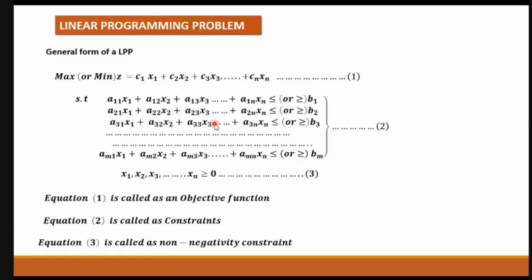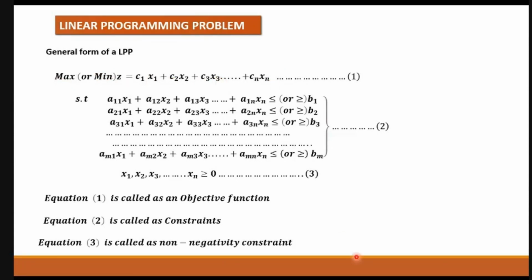If it satisfies only this equation, it is said to be a solution. But along with this, if it satisfies equation 3 also, it is called as a feasible solution. And any feasible solution which maximizes or minimizes the objective function is called as the optimal solution.